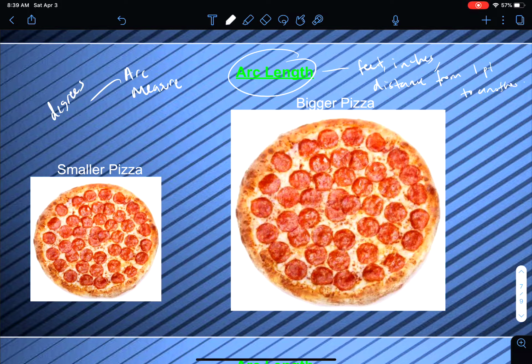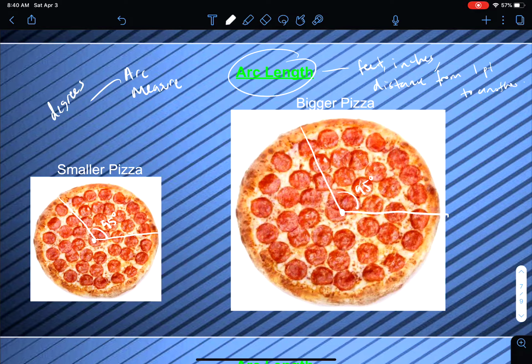So, starting with arc measure, suppose that we have a smaller pizza and a bigger pizza. If I draw a point on the center of the smaller pizza and a point on the center of the bigger pizza, and I draw my central angle, my radii, then let's say that this is 95 degrees, and this is also 95 degrees, okay? It's a circle, all right?